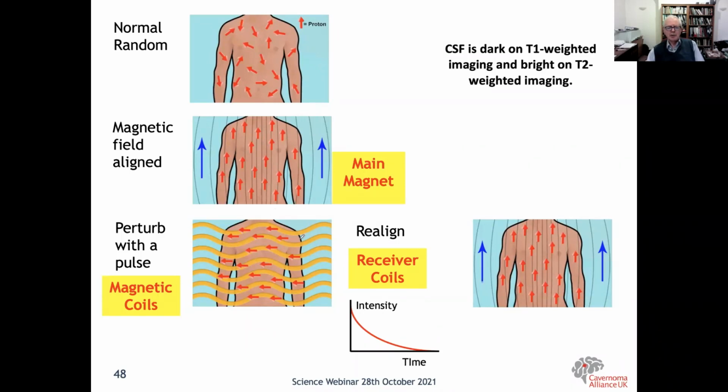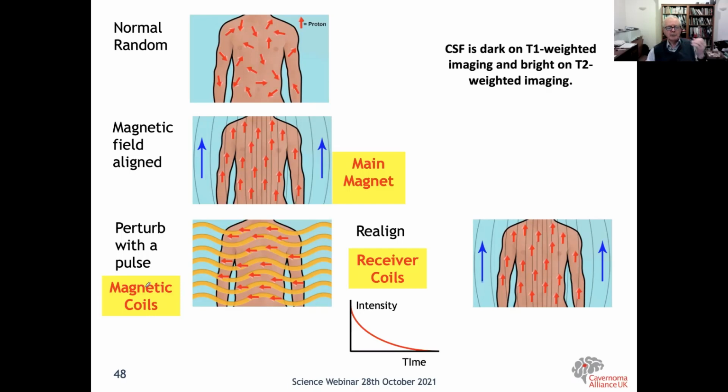And then if you perturb them with those extra coils, then they can change direction. Here they're showing as horizontal, but they don't need to be horizontal. They can be any different direction that you, the experimenter, want to see by varying the current in those perturbation, those magnetic coils I showed you.